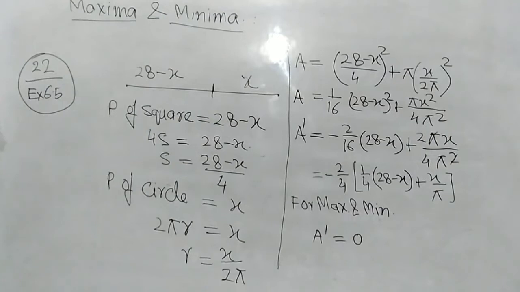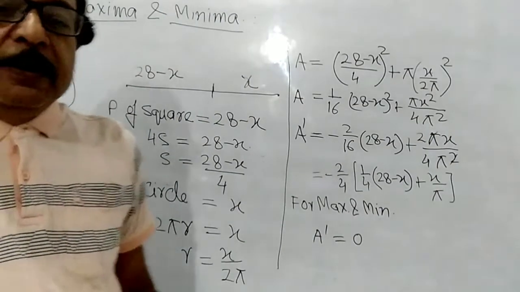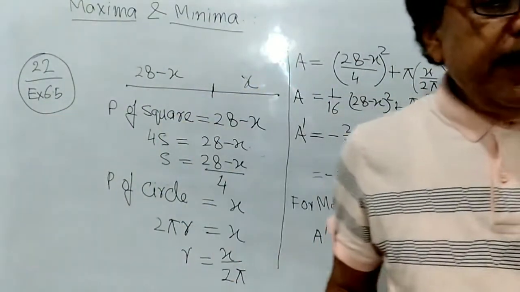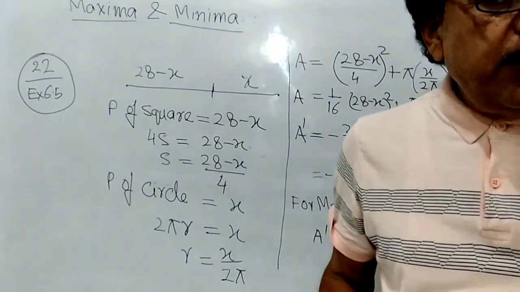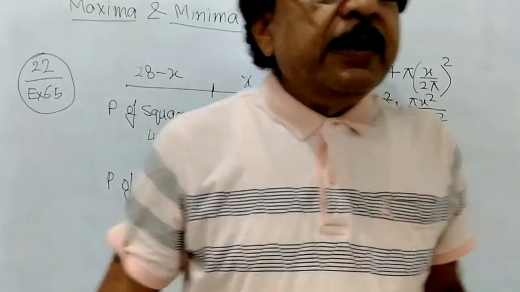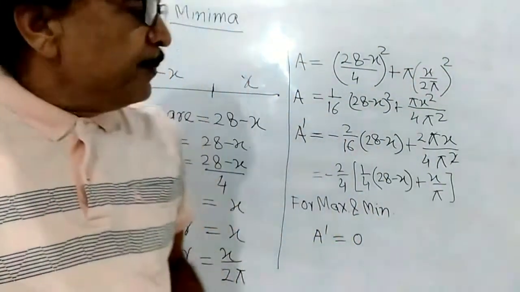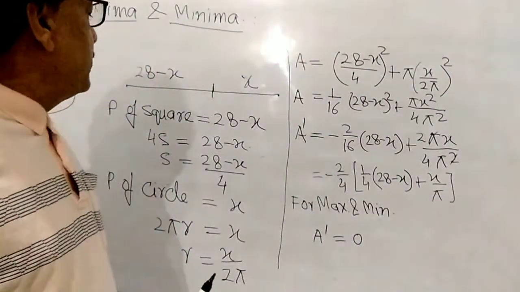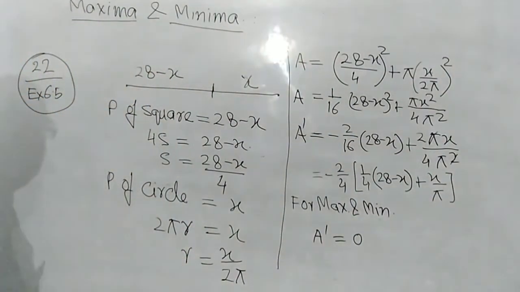A dash will be equal to 0. So now we can write A dash will be equal to 0.